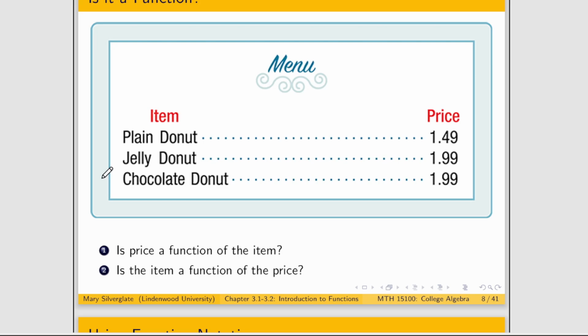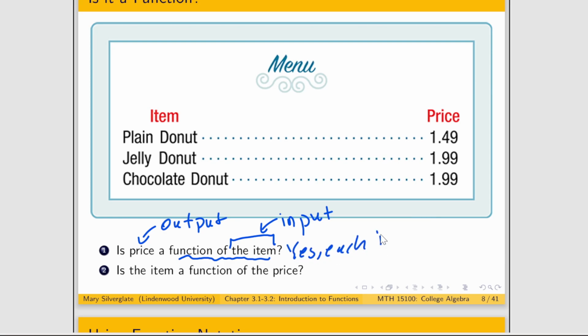The way this language works is this function of the item, this is telling you the input, and price in this case is the output. So is it the case that if I give you an item, there's only one answer for what the price would be? It is. So that means that yes, it is a function. Each item has only one price.